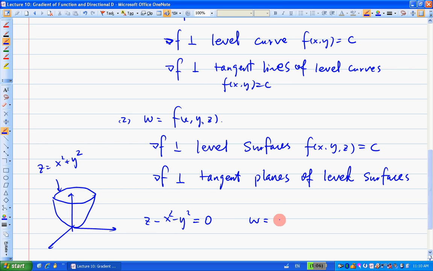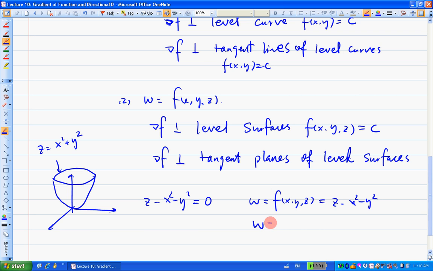So this is when you have a function of three variables, and when w equals 0, that's a level surface. So this paraboloid surface is basically a level surface of this function. It's one of these. If you let w equal 1, it's going to be a different level surface.